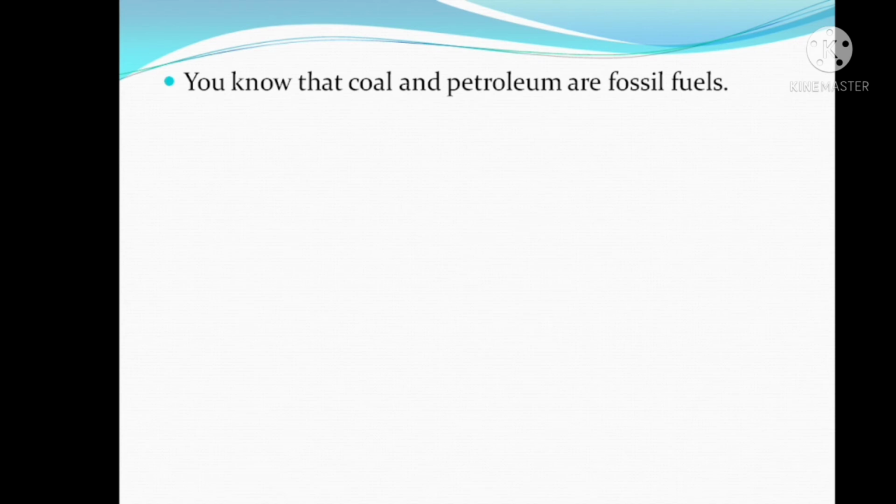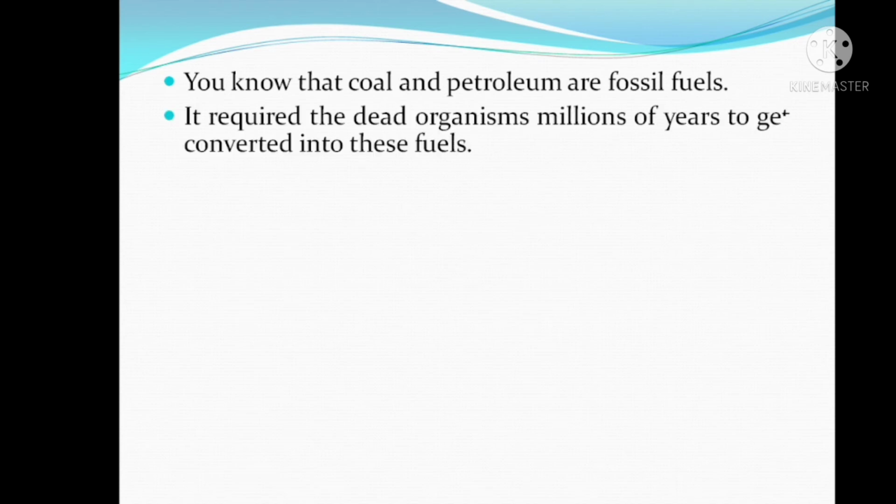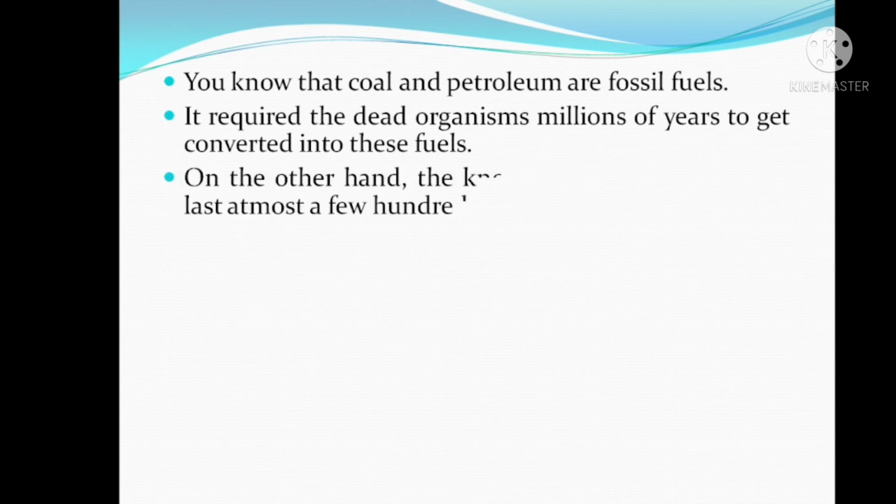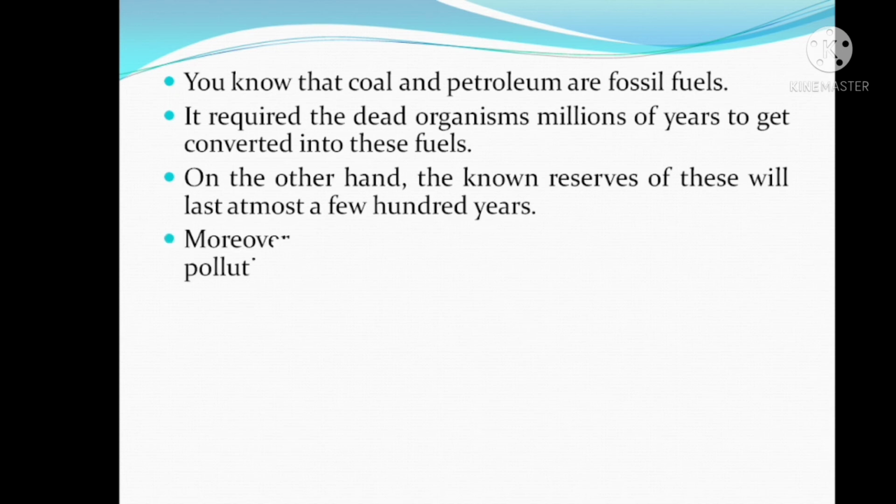For example, coal and petroleum are fossil fuels. It takes dead organisms millions of years to be converted into fuels. The known reserves of these will last only a few hundred years. That means we are using them for a longer period of time, so these resources are going to be finished in the next few years.